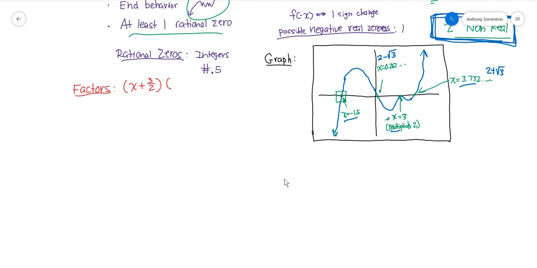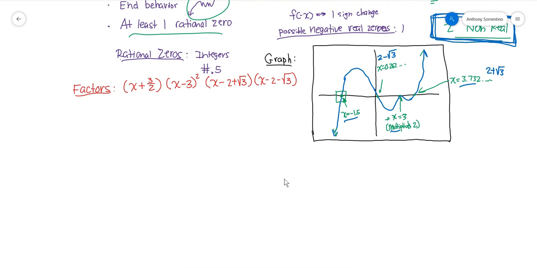I'm going to have x minus 3 as a factor. I'm going to put a little square on that to indicate it has a multiplicity of 2. I have an x minus 2 plus the square root of 3 and x minus 2 minus the square root of 3.